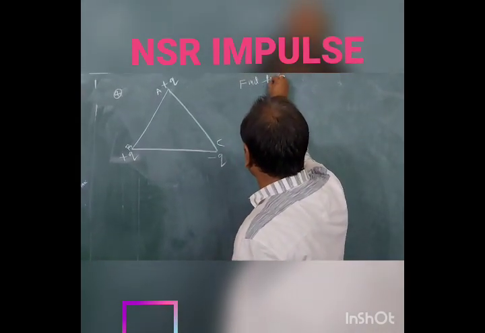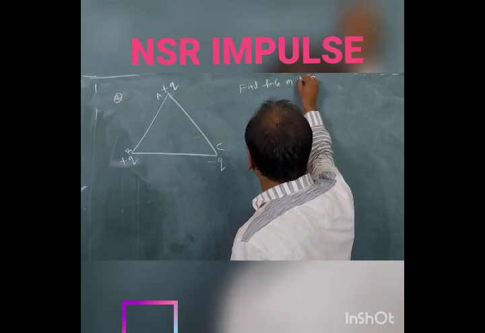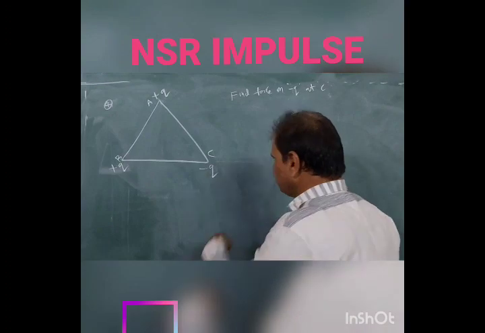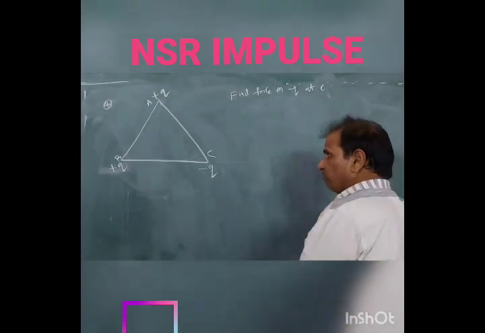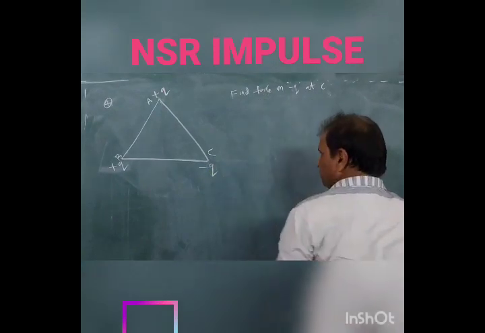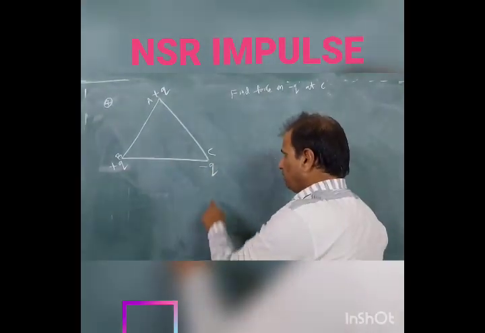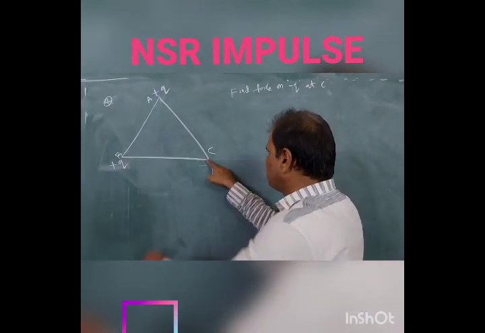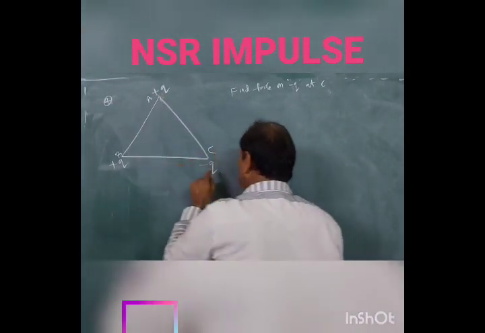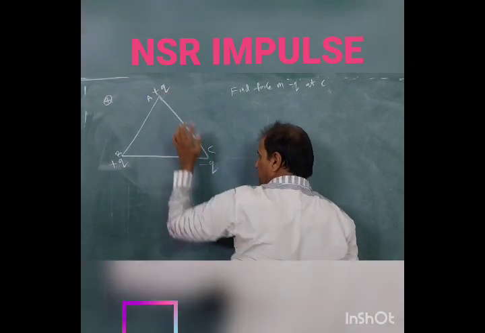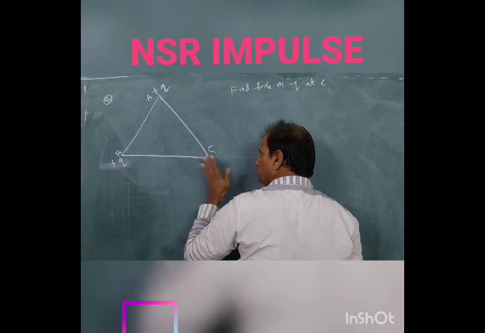Find the force on the minus Q charge kept at C. Between this minus Q and the positive charge, what happens? This is a negative charge and this is a positive charge. Between these two, which force exists?